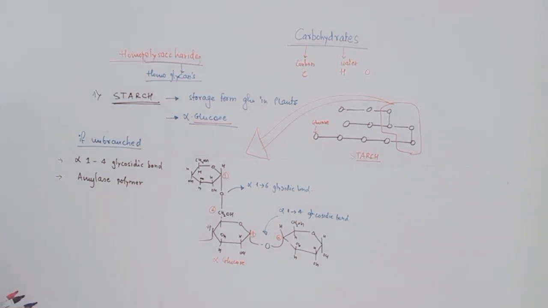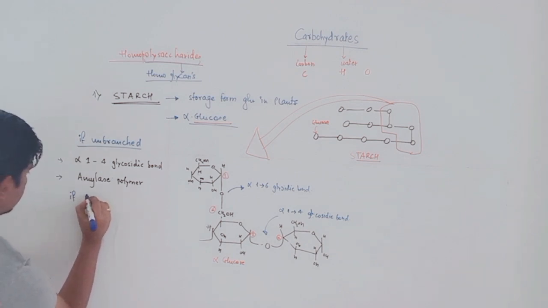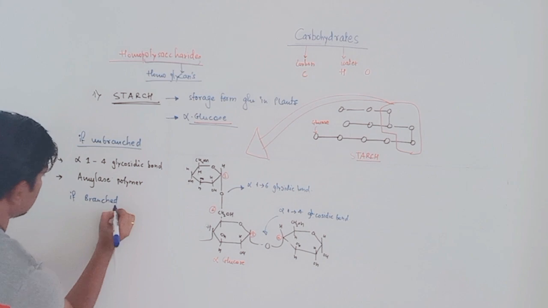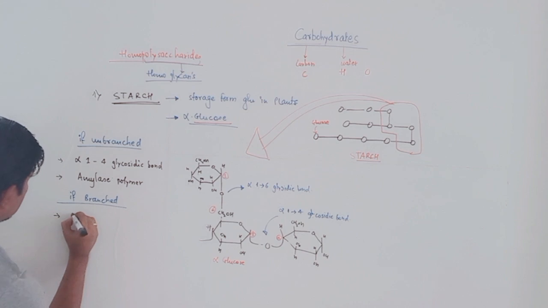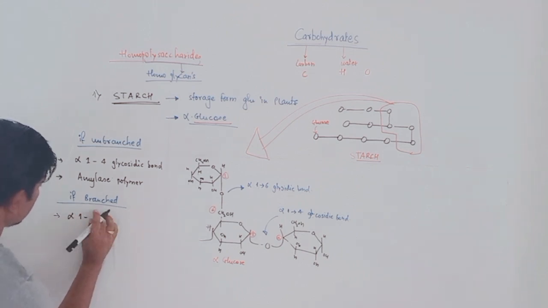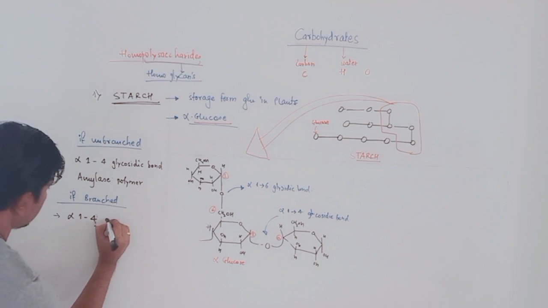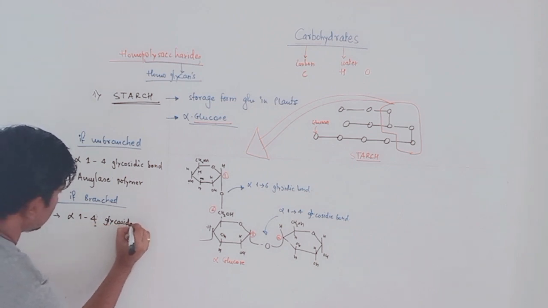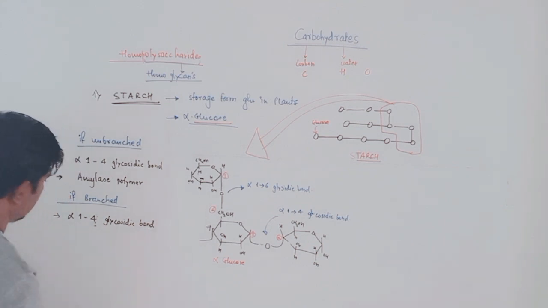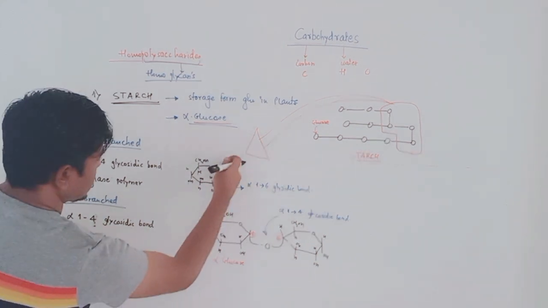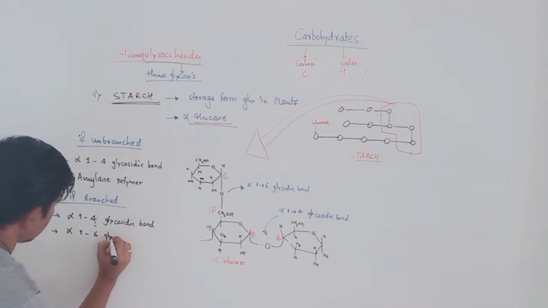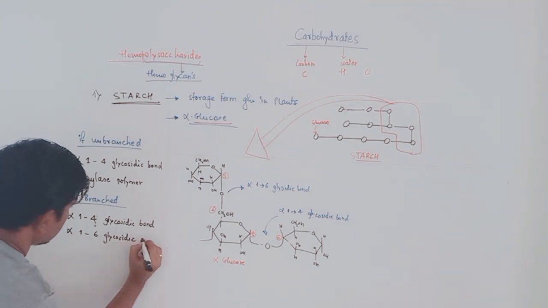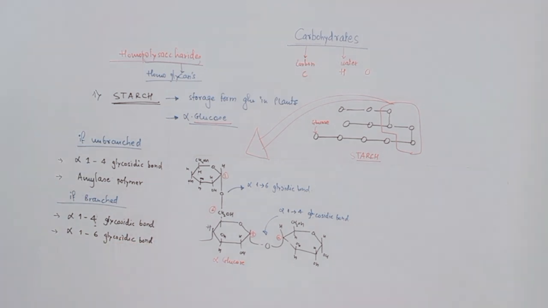Okay, and if this starch molecule is branched, it contains alpha 1,4 glycosidic bonds, as well as, as you can see here, alpha 1,6 glycosidic bonds.